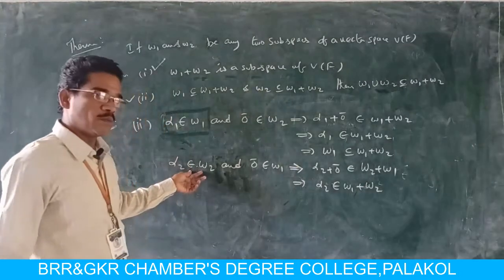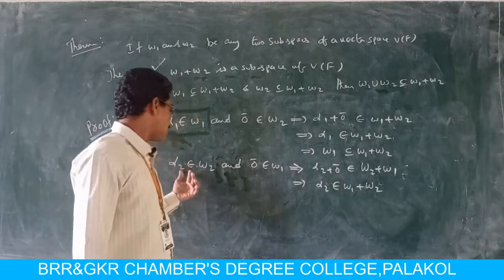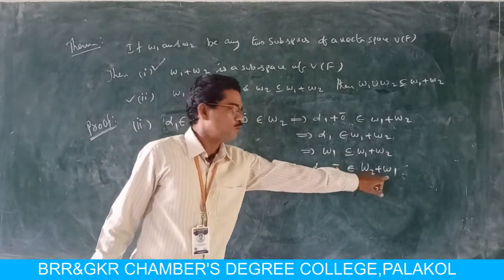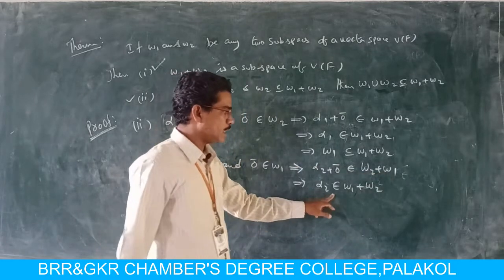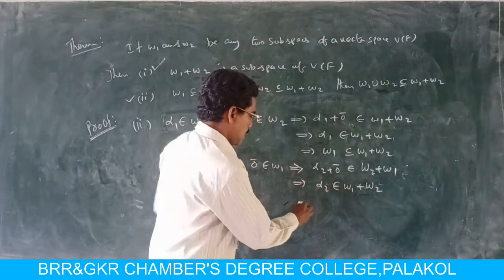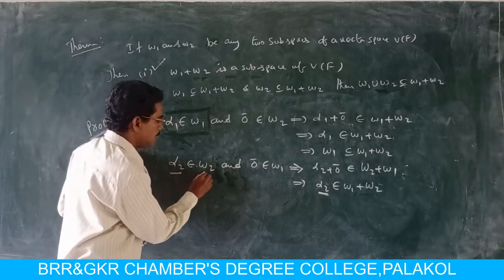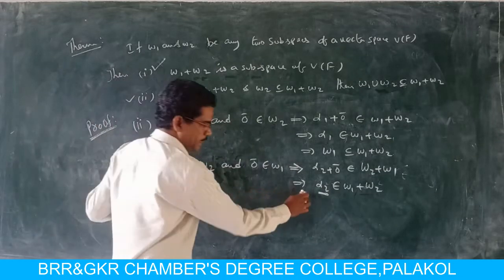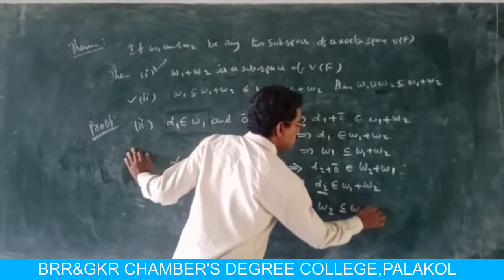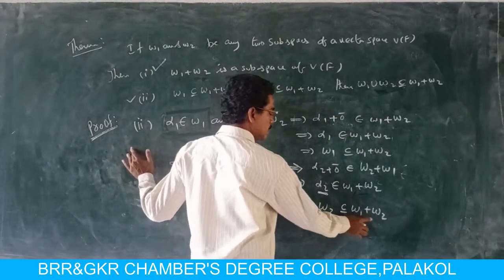Here alpha 2 belongs to W2, then W2 is a subset of W1 plus W2.